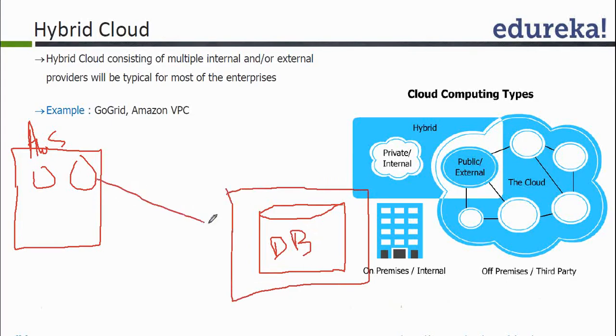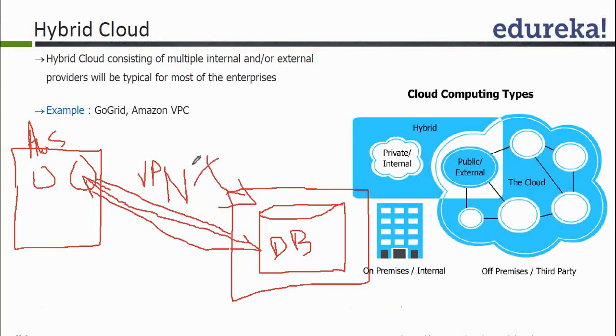Now they both would be connected over a secure VPN tunnel, in such a way that only traffic coming from this tunnel can access the database, no one else from the internet. If somebody tries to access the database directly from the internet, no, they can't. All these cases would not be possible. Only this is the case.